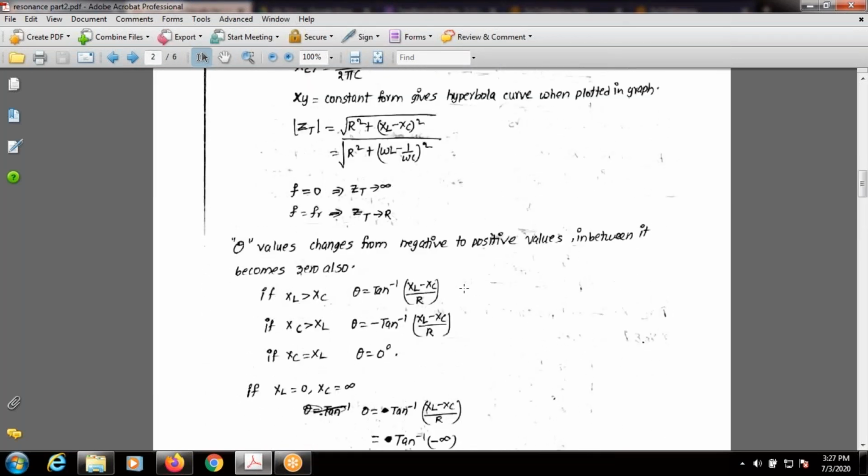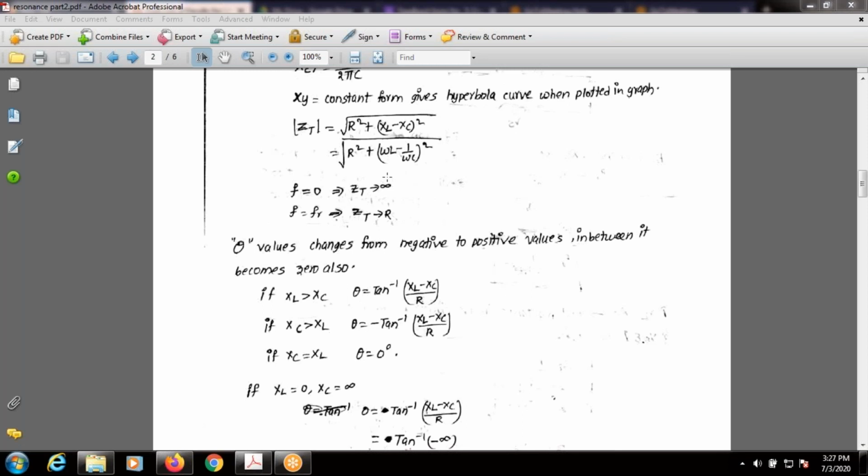Now coming to the theta values. If XL is greater than XC, theta is equal to tan inverse of y by x. Already we know that if it is x plus jy, then theta is tan inverse y by x.